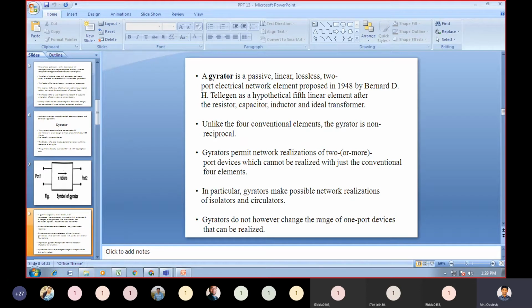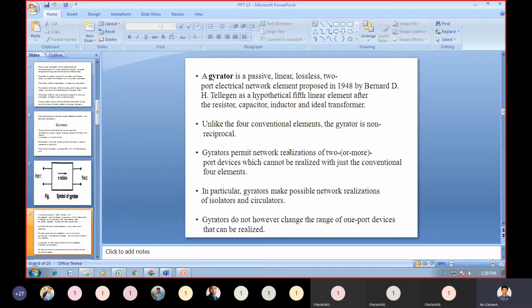So it means that a gyrator is a passive element, a linear element, a lossless element, a two-port electrical network element.